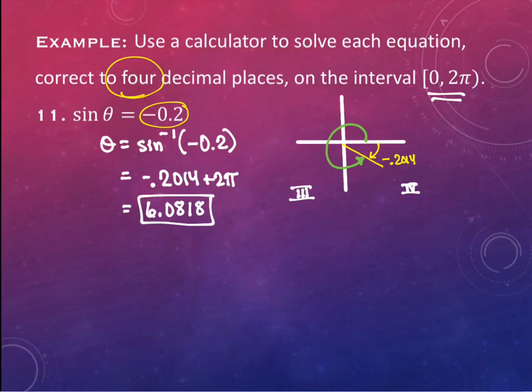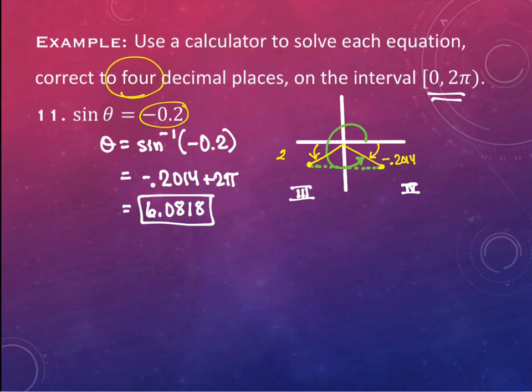There is another one that doesn't come straight out of the calculator, but it comes from us actually having to sort of think about how the circle works. So the other sine value that's going to give us a negative 0.2 would be over here, right? It's the same height, right? These are measuring at the same height. That's why this is working. And it's the same 0.2014, it's just that it comes at it from this angle, right?